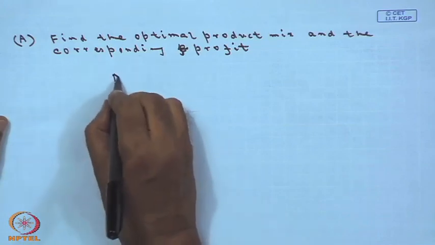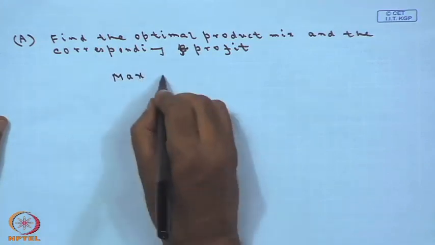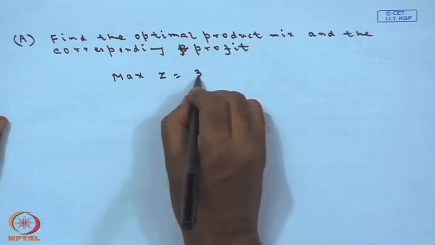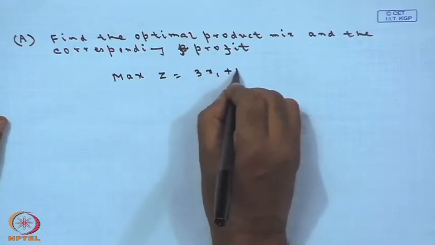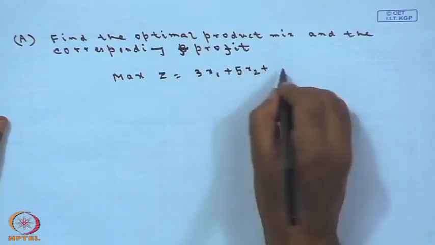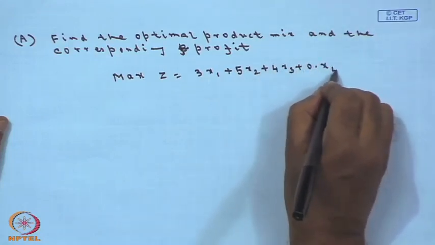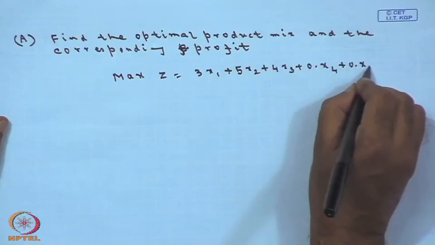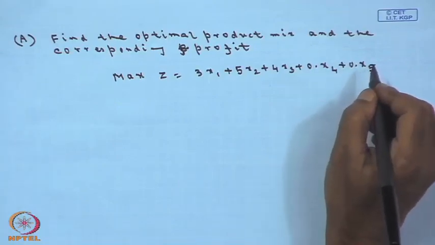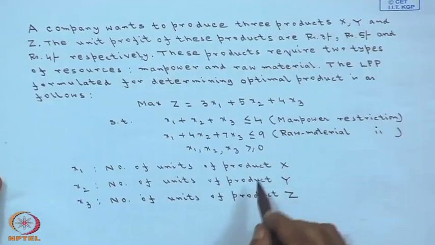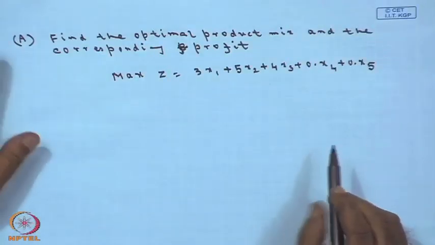So, I am writing the original problem in this format: maximize Z equals 3x1 plus 5x2 plus 4x3 plus 0 into x4 plus 0 into x5, where x4 and x5 are slack variables, because in the original problem you have two less than or equal to inequalities.